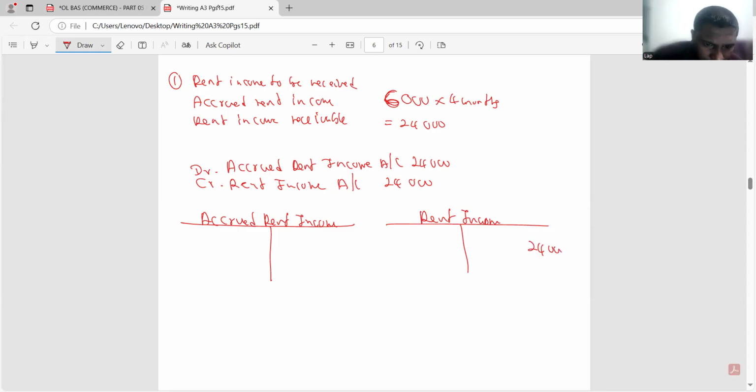Here rent income, here accrued rent income. Increase the income, increase the asset.